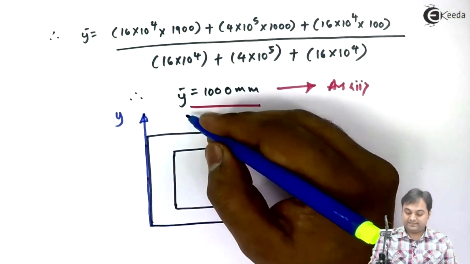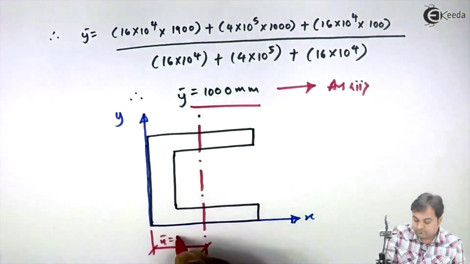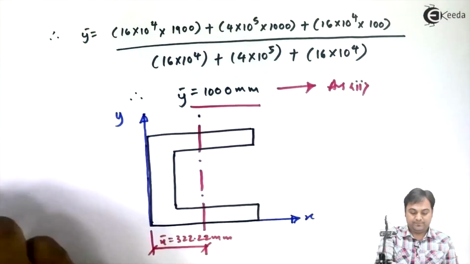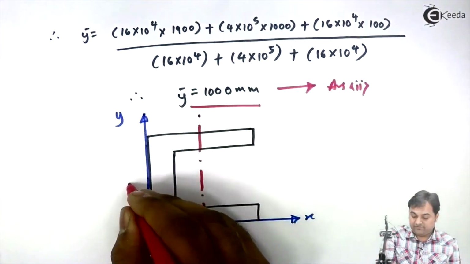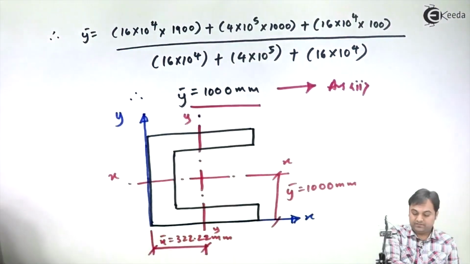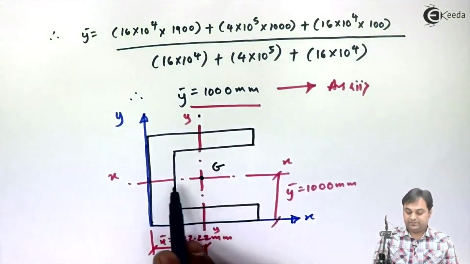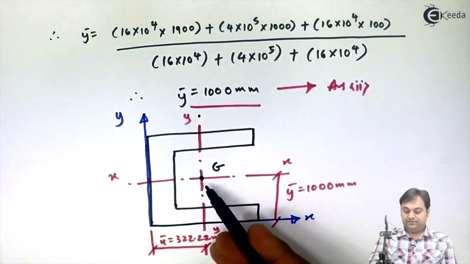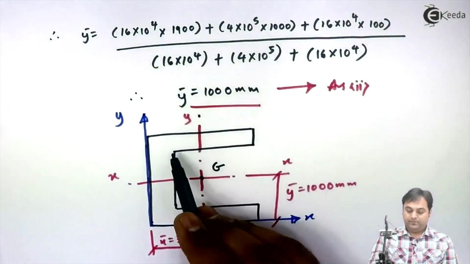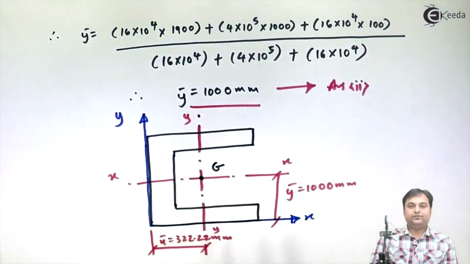So the y axis is at 322 and the x axis would be at a distance of 1000 mm, so exactly at half, and this intersection of the x and y axis will give the centroid. And once we have located the centroid, we can say that the problem is over, and hence we have completed the location of the centroid for the C section.